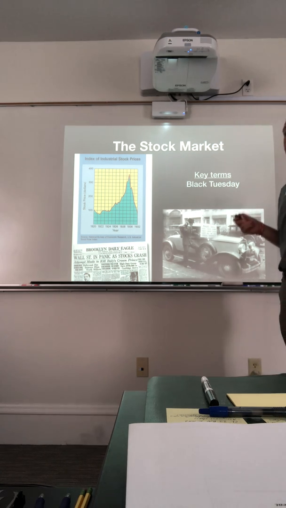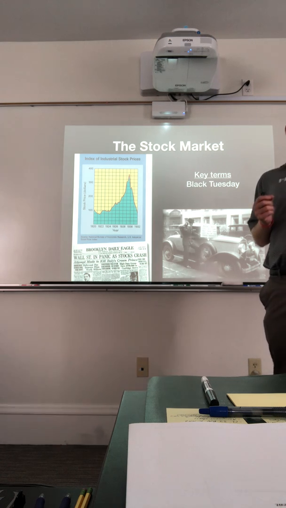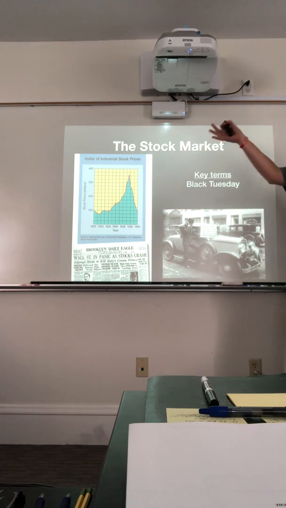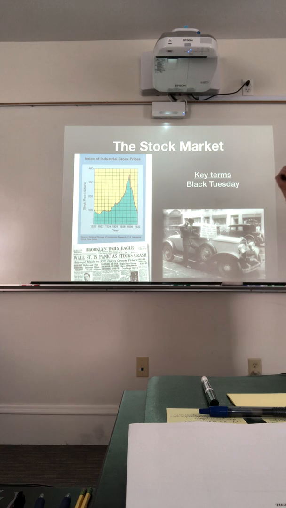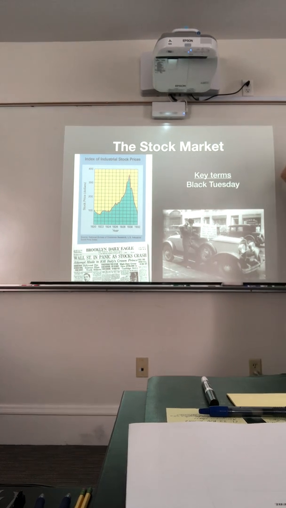By the end of 1929, and this is late October, we're almost actually to the day today, it's October 29th, today's the 25th, we're almost at the 90th anniversary of Black Tuesday. By the end of 1929, so in just over 2 months, the stock market had dropped $30 billion in value.